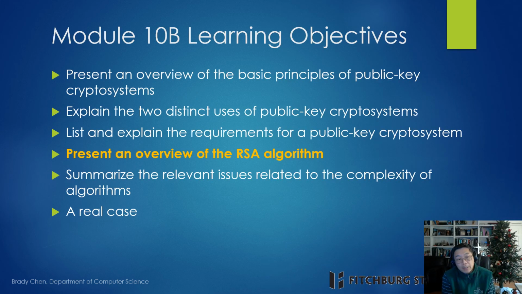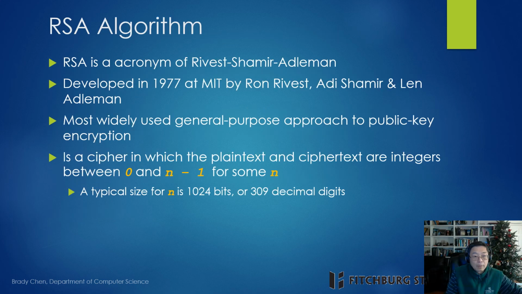Now, in Part B, we're going to talk about the RSA algorithm, which is a very, very important public key encryption and decryption algorithm. RSA stands for Rivest, Shamir, and Adleman.